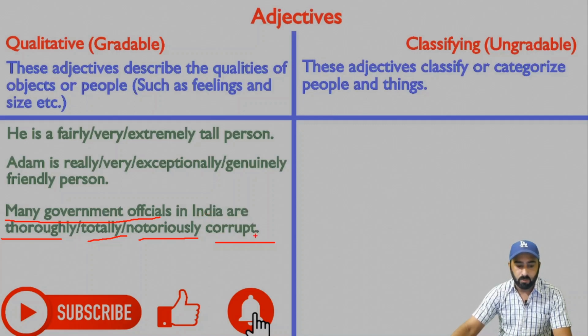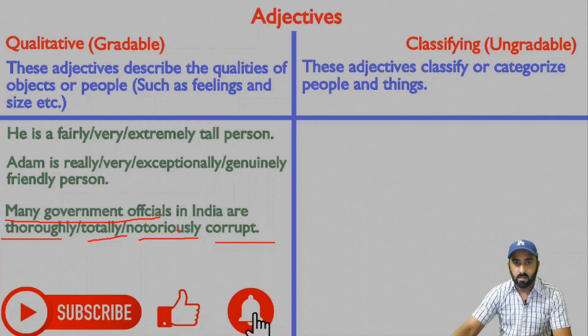And you can say corrupt is an adjective, okay, it is describing the government officials, and this is a qualitative adjective, and we have used these three submodifiers. We can use one of them, such as thoroughly, they're completely correct. We can also use totally, and we can also use, this is a nice word, notoriously. This is a collocation with corrupt, okay.